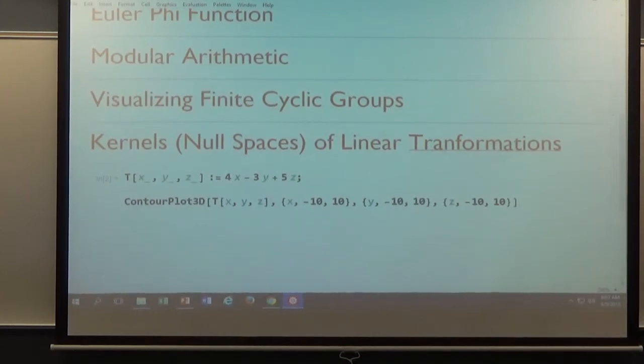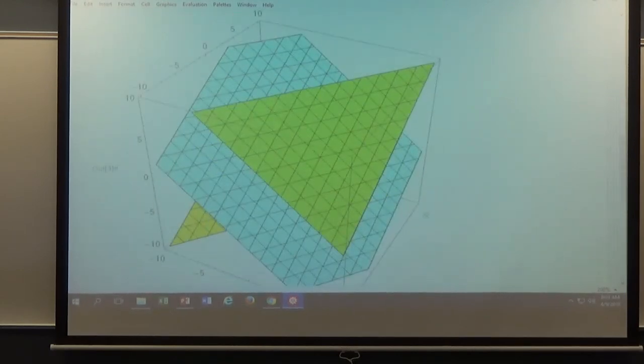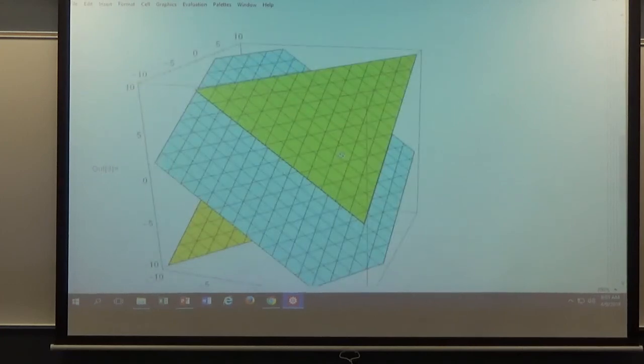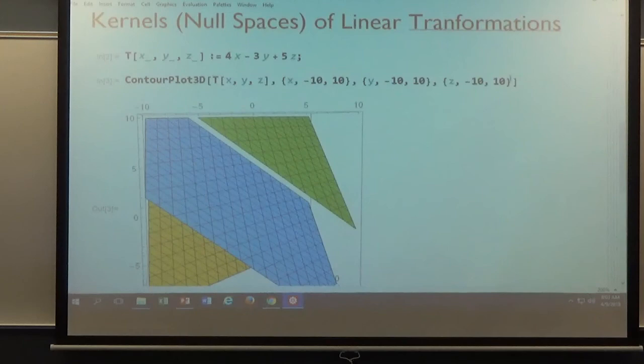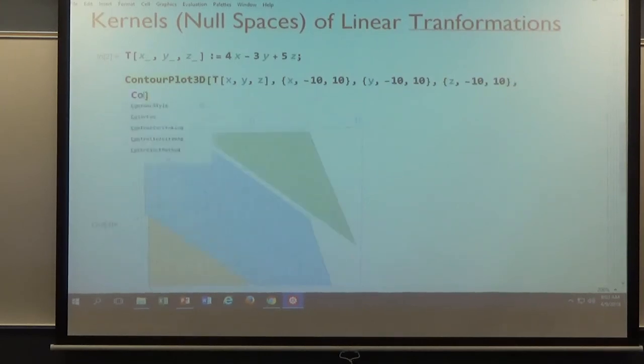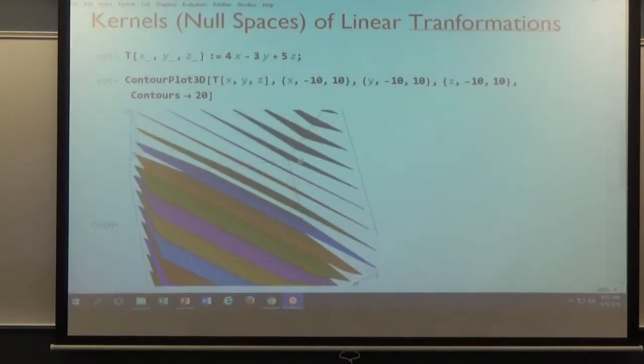Places where the function output is constant. And that doesn't look right. Oh, okay, I was just looking at it wrong. There they are, some planes. We can add more of them. There we go, a bunch of parallel planes.